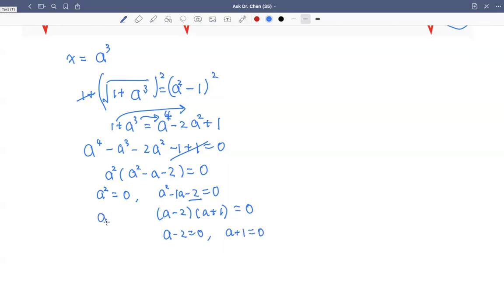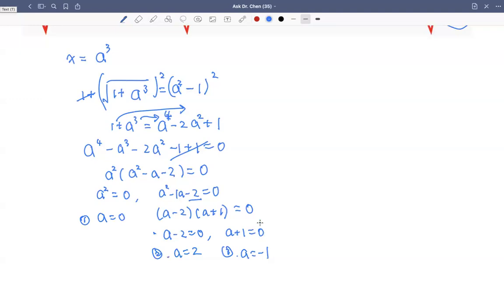So the first one gives us a equals 0. The second one gives us a equals 2. And the third one gives us a equals negative 1. So we have 3 solutions for this. Let's go back to check.